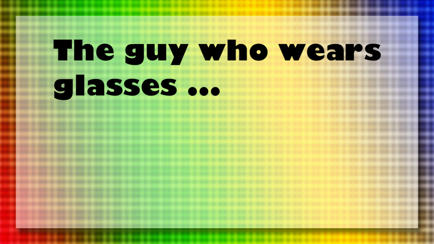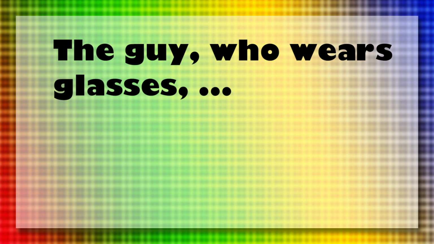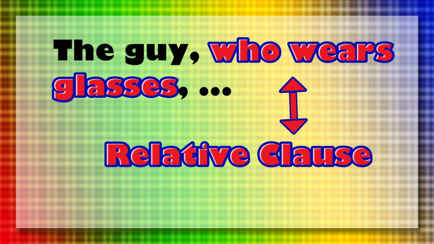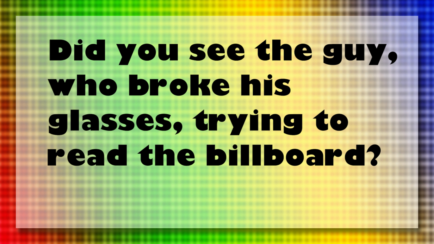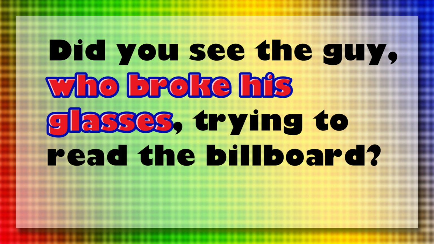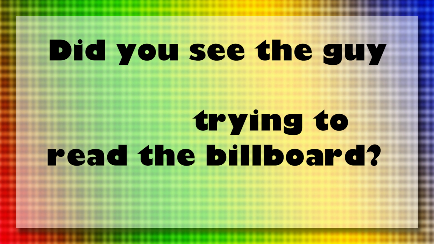But if for some reason it wasn't necessary, you would offset it with commas, and it would be called a relative clause. Did you see the guy, who broke his glasses, trying to read the billboard? Who broke his glasses is a relative clause, and if you were to take it out of the sentence, it would still somewhat make sense. Did you see the guy trying to read the billboard?